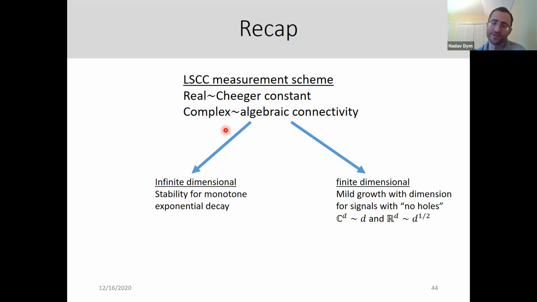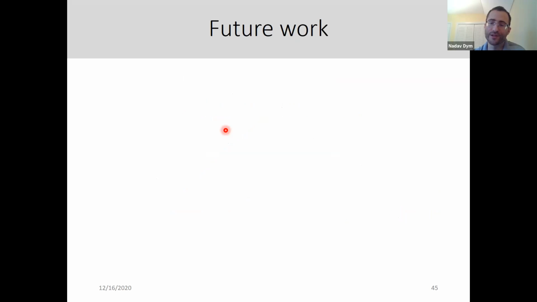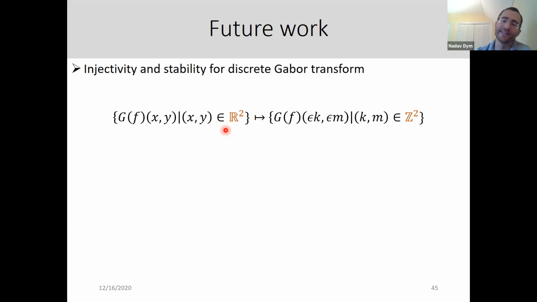So that was in general, and I'll say a little bit about future work. Two things I would like to do. One is, I told you about this Gabor phase retrieval, which is where we started off from. Ideally, what you'd like to do is to be able to say that for Gabor phase retrieval, it's enough to take a discrete sampling, dense enough, and do stable phase retrieval if the signal f is connected.